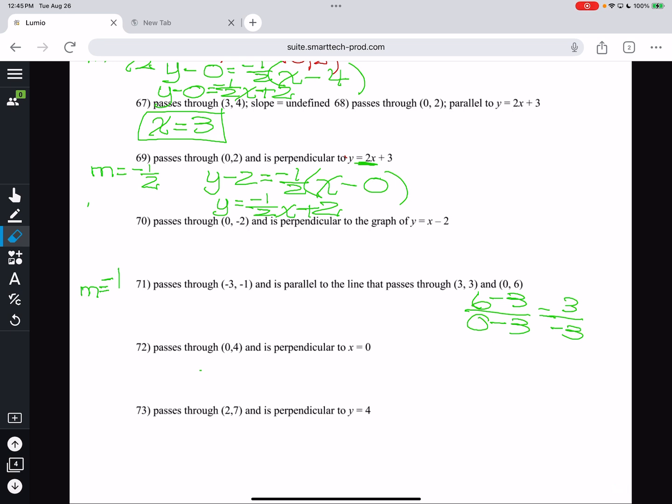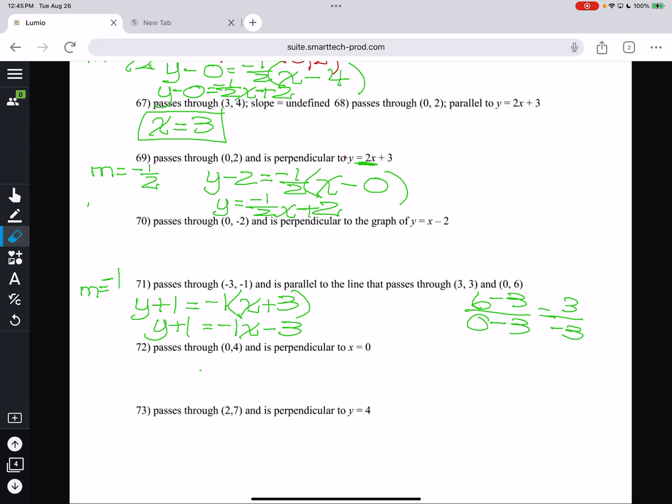And then it's passing through negative 3, negative 1. So we really have to take it and put it into point slope form. So y plus 1 equals our slope, negative 1, times x plus 3. Negative 1x minus 3. So what's our final answer? y equals negative 1x plus 4.